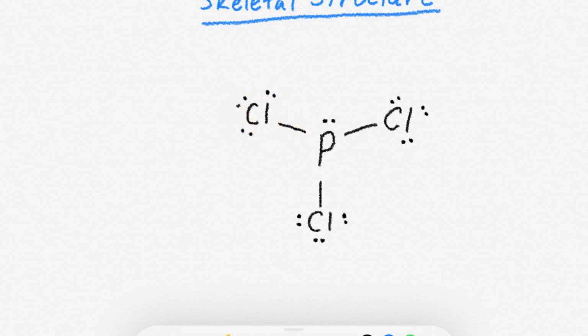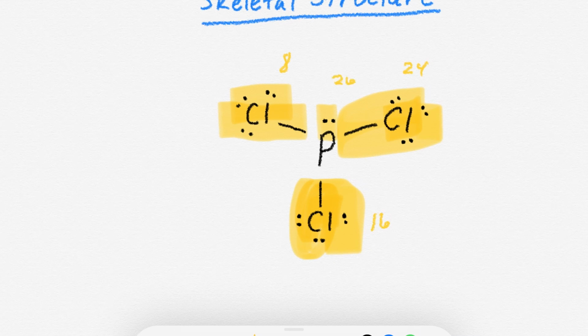Or, even better and much faster, is if you were to recognize that on each chlorine there are 8 electrons. And so I could say that is 8 right there. Right here we have, obviously, 16. And then, of course, right here we have, obviously, 24. And then the last one that we didn't talk about are those 2 right there. And so we have, in total, 8, 16, 24, and then of course 26.